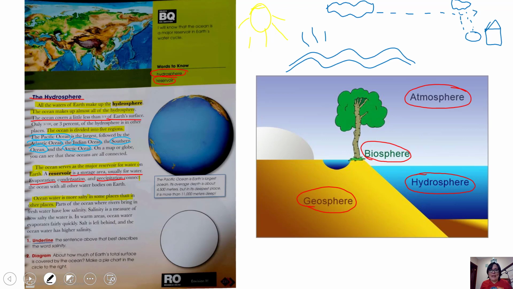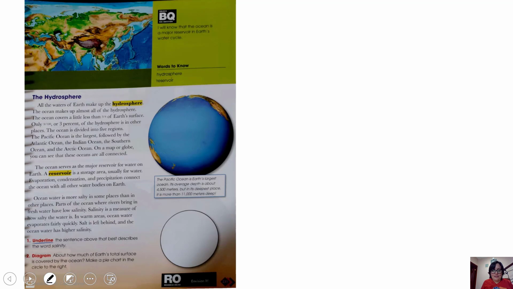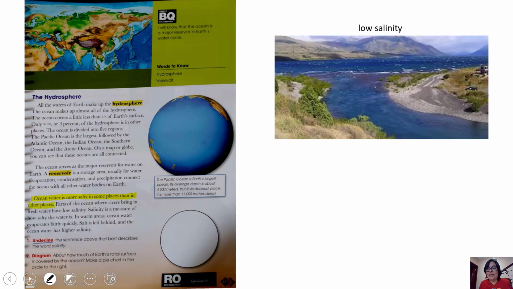So let's see why. Let's go to see another picture that I have for you. We were saying this, ocean water is more salty in some places than in other places. I want you to see here. What do you see in the picture?